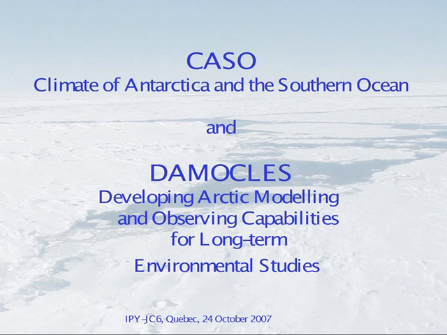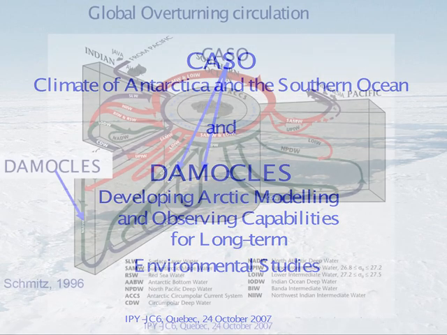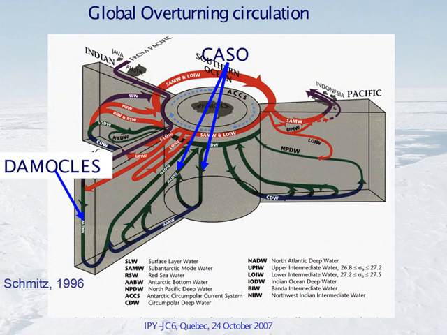And these two sides of the ocean on the globe have to be studied because we have a global overturning circulation. And this global overturning circulation has two major sinking areas. There is in the Arctic the formation of the North Atlantic deep water, which is affected by Arctic Ocean processes.